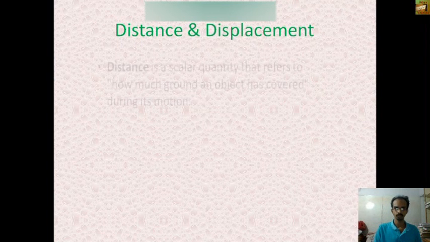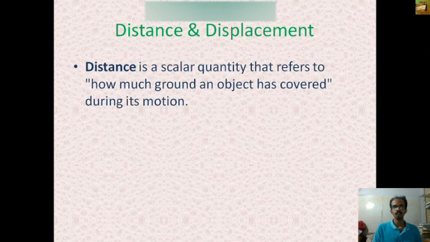Now we can see the definitions of distance and displacement. What is distance? Distance, as we have already seen, is a scalar quantity. It refers to how much ground an object has covered during its motion, as already shown in the earlier example.